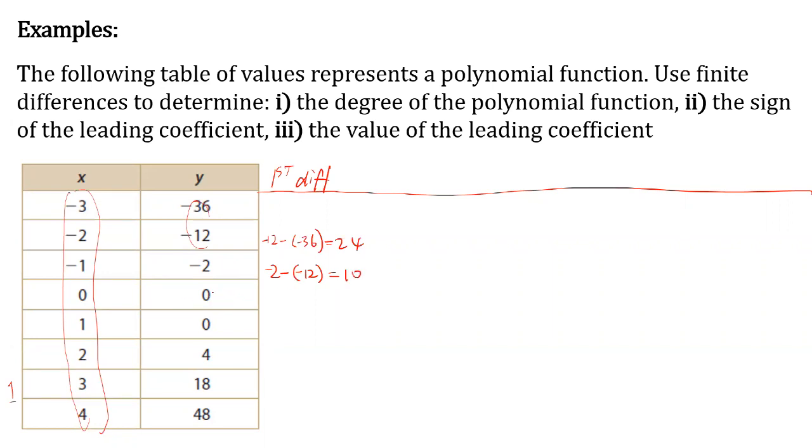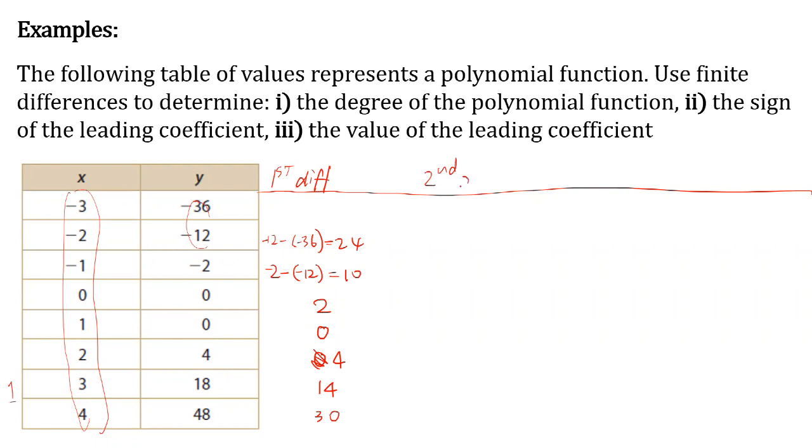And then 0 minus 2 is minus 2. 0 minus 0 is 0. 4 minus 0 is 4. Then 18 minus 4 is 14. 48 minus 18 is 30, right? So these are the first differences of this function.